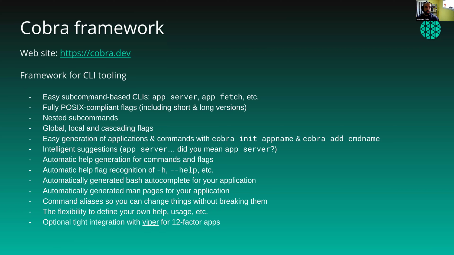Because it comes with a lot of goodies to help create a CLI without doing stuff manually. For example, when you create a new command, the help function is always implemented for you. So that's why we are using this framework.